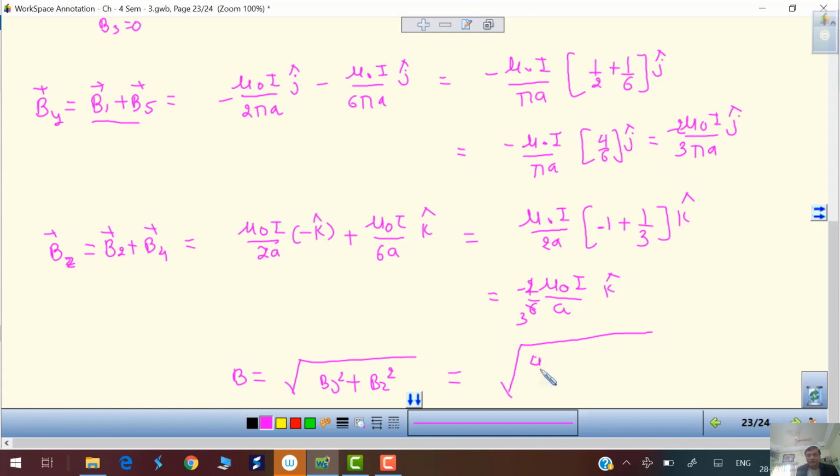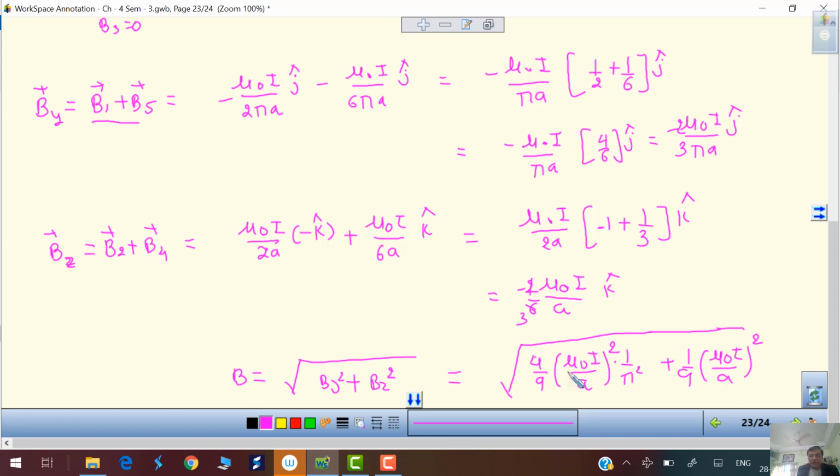So 4 upon 9 μ0 I upon a square into 1 upon pi square is also there, and plus this is 1 by 3, so 1 by 9 μ0 I upon a square.